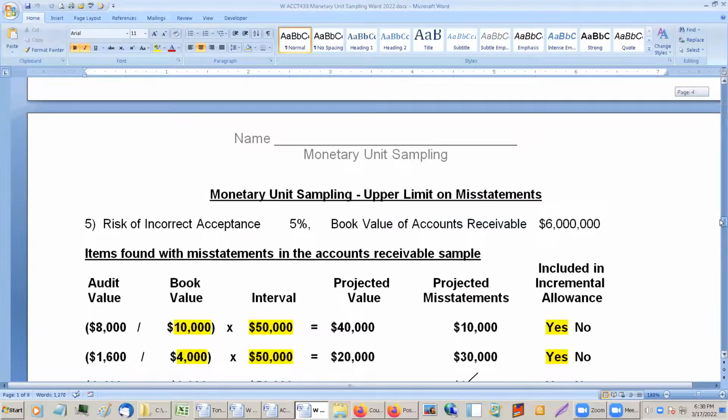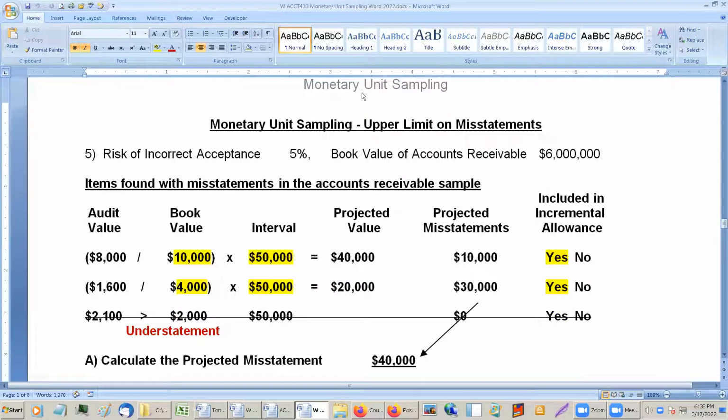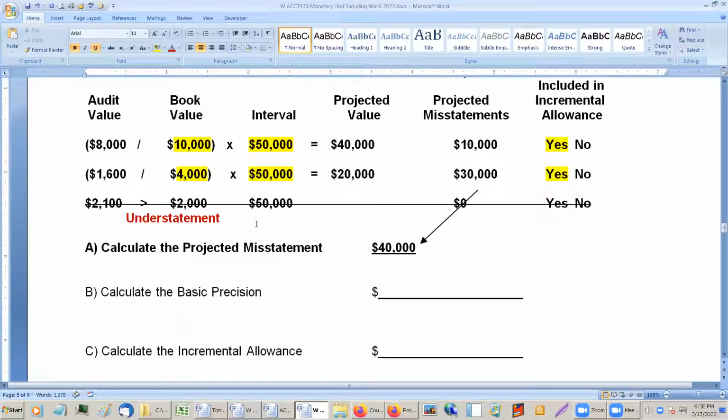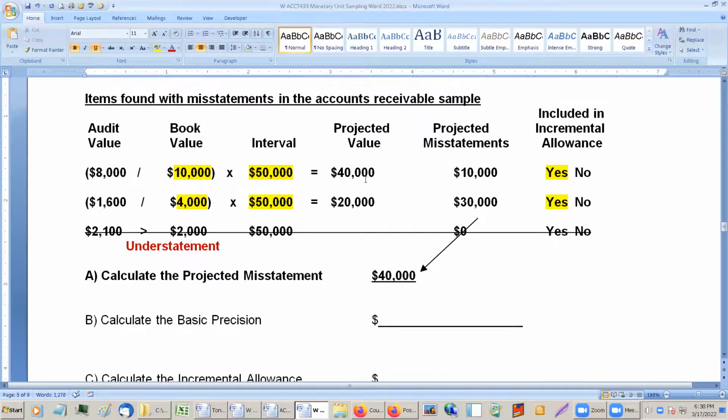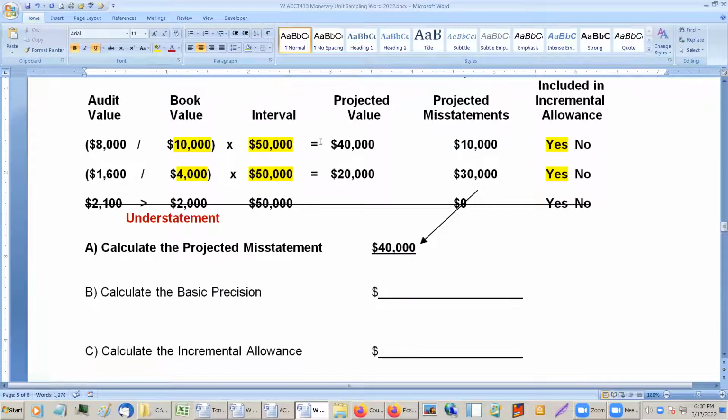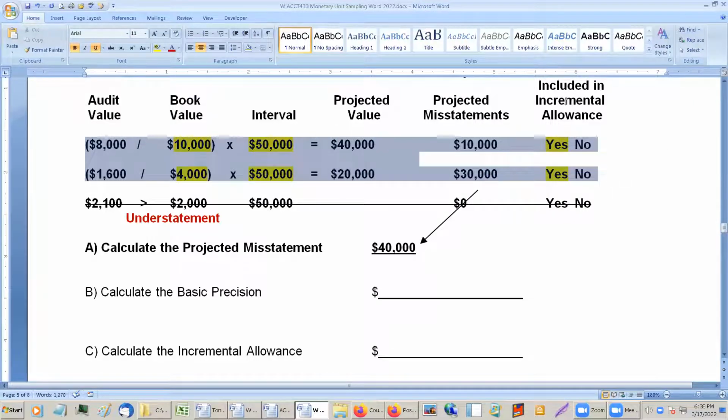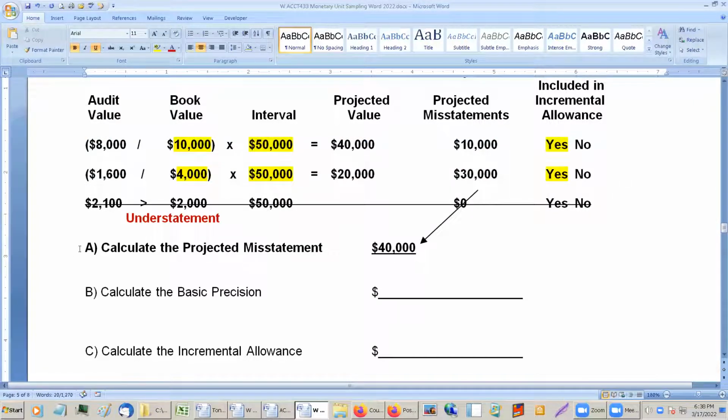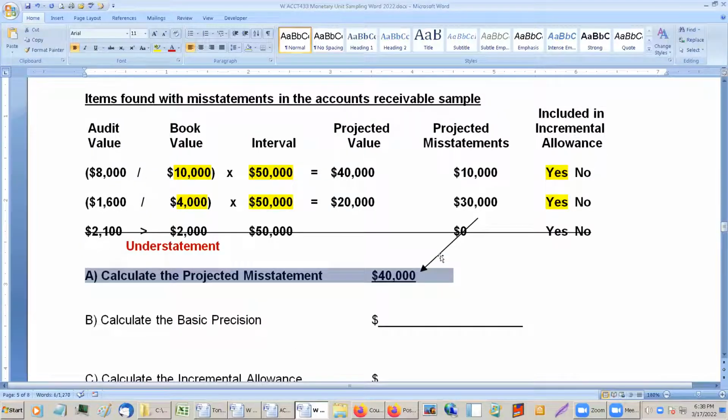All right, I think we stopped here on number 5. We were doing the sampling, how you figure out the sampling and the incremental allowance, which we haven't talked about yet, and the projected misstatement is 40,000 for this.